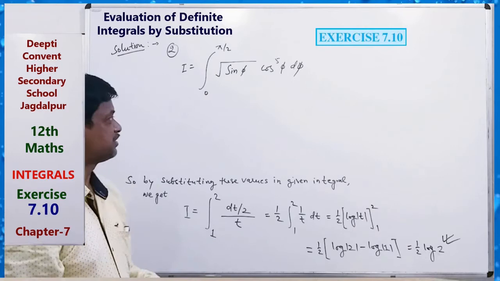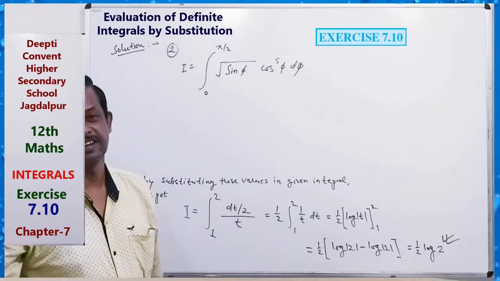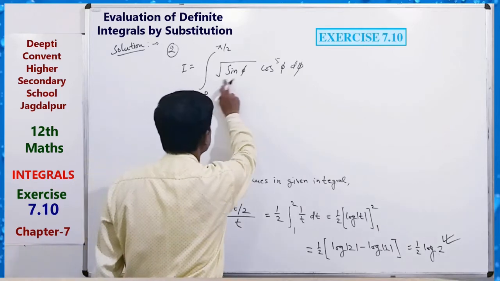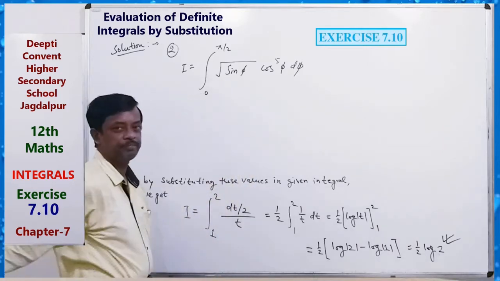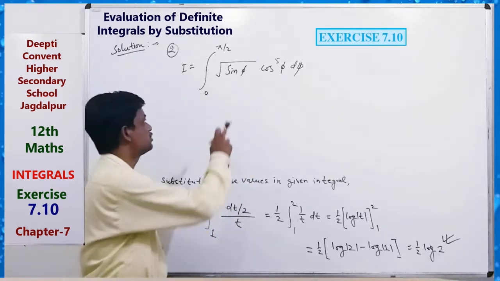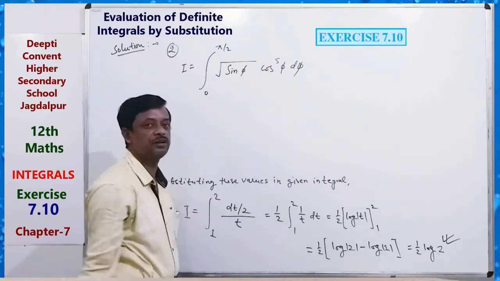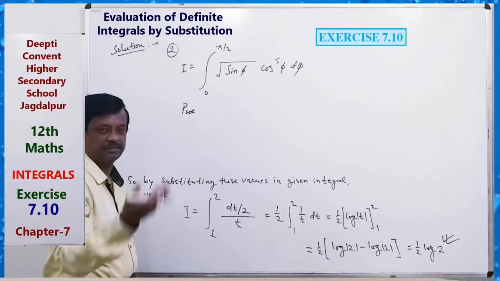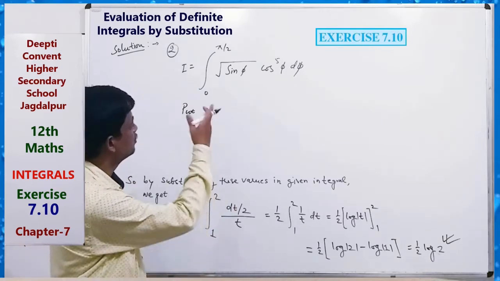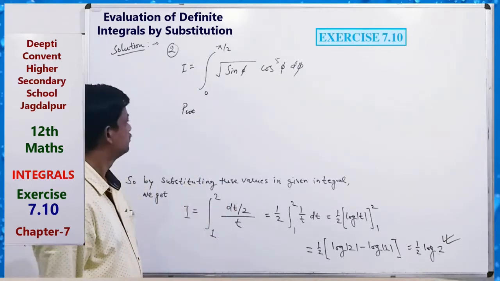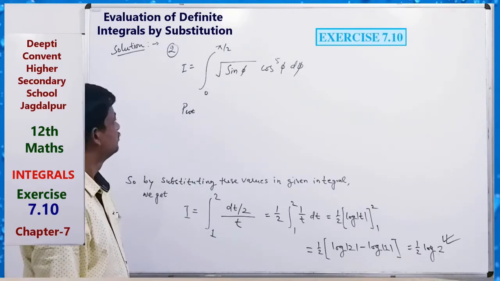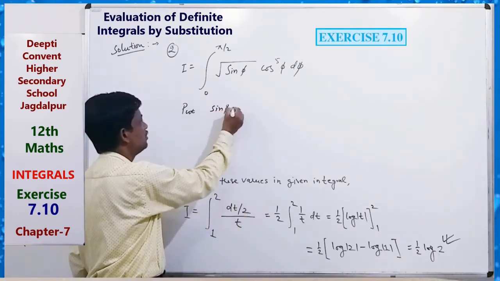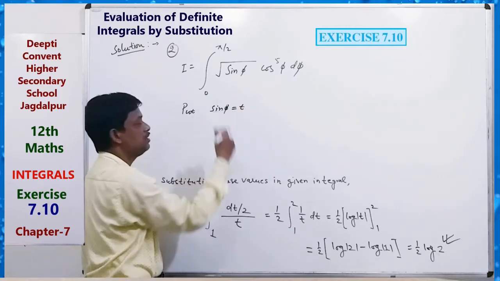The substitution is very simple. If we put sin phi equals t, then we can solve it. Just a hint: put sin phi equals t.